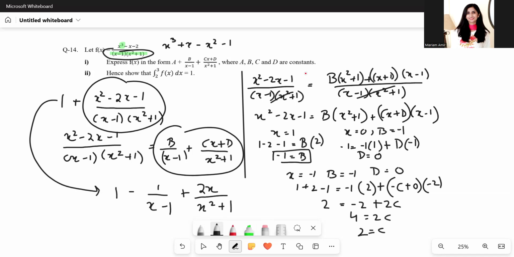We have the results of the partial fraction. Okay, in part 2, we will now be integrating it within the limits 2 to 3. Let's get started.